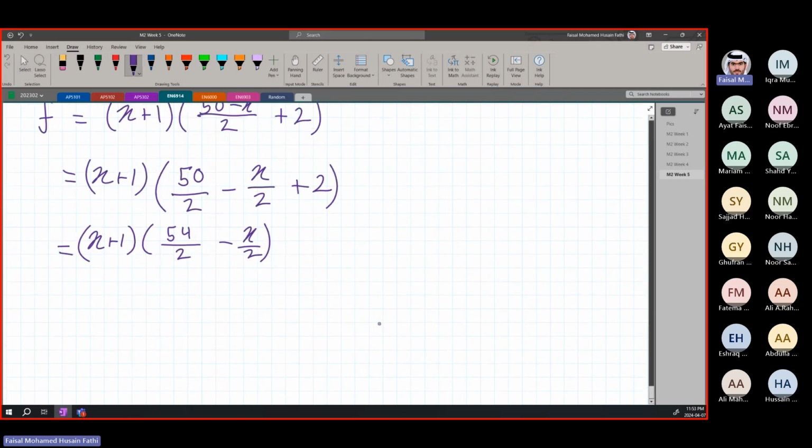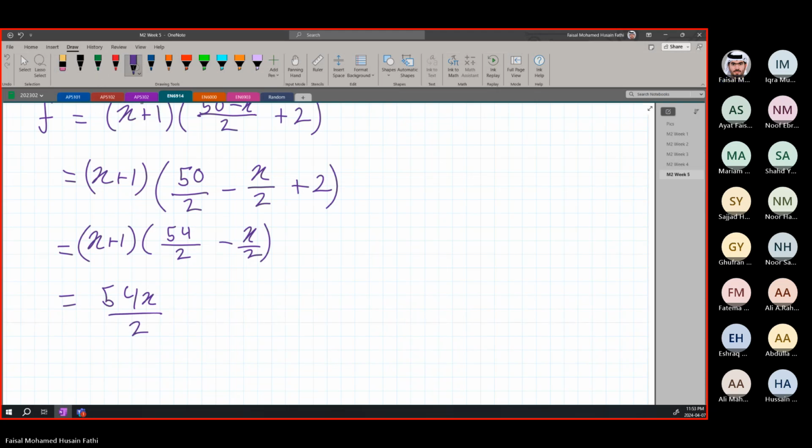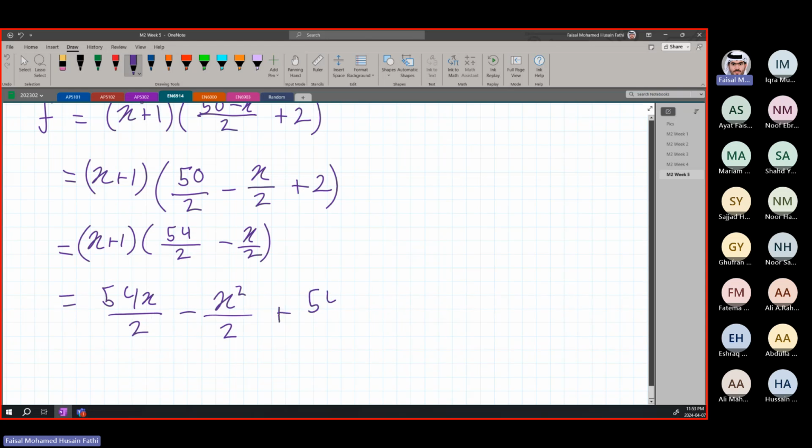Now we can easily distribute, so we'll have 54x over 2 minus x squared over 2, because plus x times minus x becomes minus x squared over 2. Then the 1 times 54 over 2 minus x over 2. Let's simplify this. This is going to be minus x squared over 2. 54x over 2 minus x over 2 is going to be 53x over 2 plus 54 over 2.